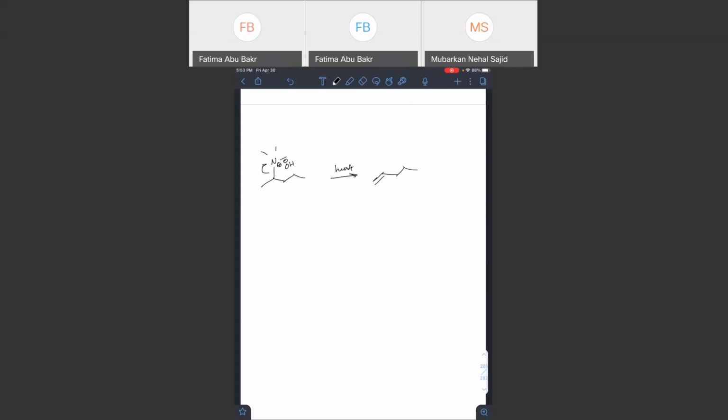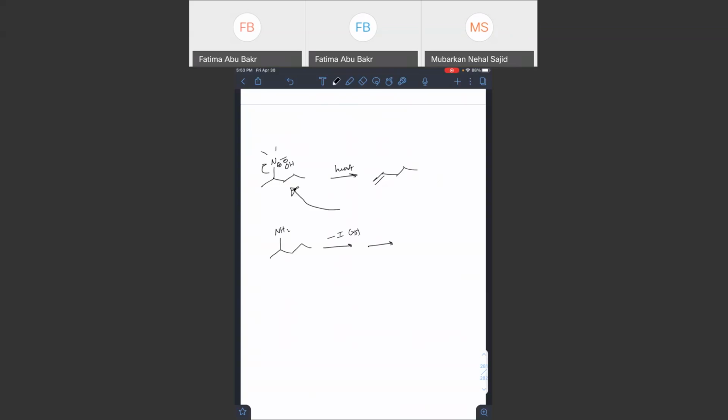How do we form this? There's a whole bunch of steps, but the important thing to know is, if you just start off with an NH2 in that position, and then react that with something that methylates, here he used CH3I, and there's excess of this.